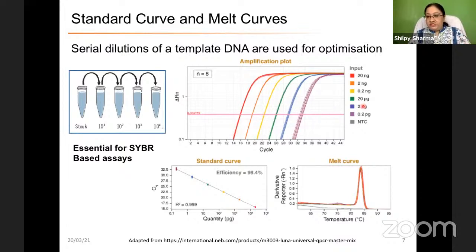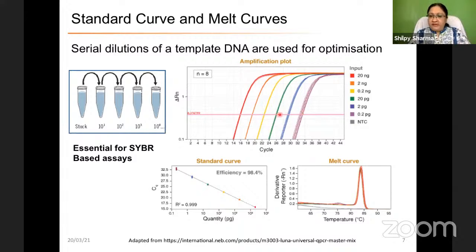And as the concentration decreases, the number of cycles increases for the cycle threshold to be detected. And then you have another control here, which is referred to as your NTC, or your no template control. When I say the no template control, I mean that everything else is added into it, but your DNA.